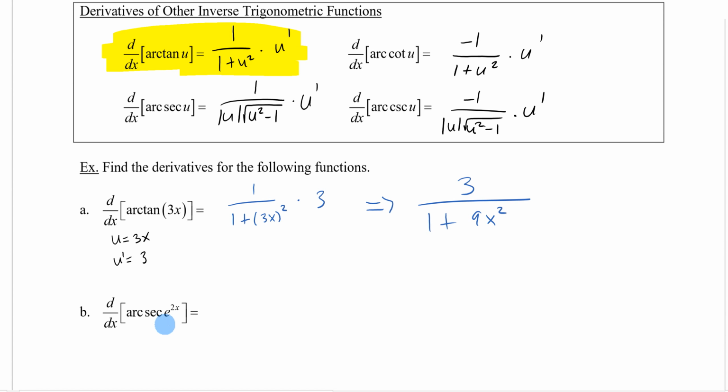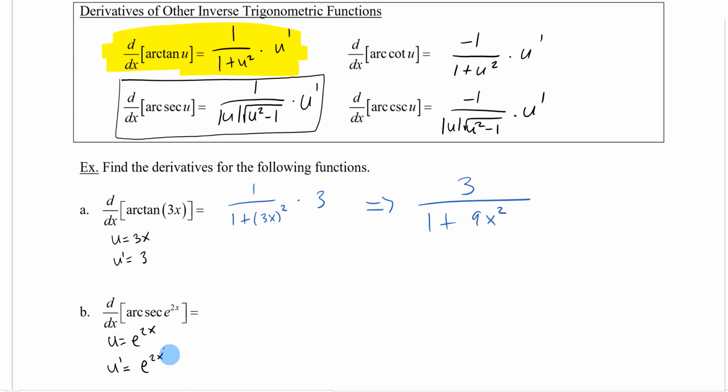Now for part B, the arcsecant of e to the 2x, that would have to use this rule right here. So for the derivative of arcsecant of e to the 2x, first state your u. My u is e to the 2x, my u prime is e to the 2x, and then chain rule times the derivative of 2x is 2, so my u prime is 2e to the 2x.